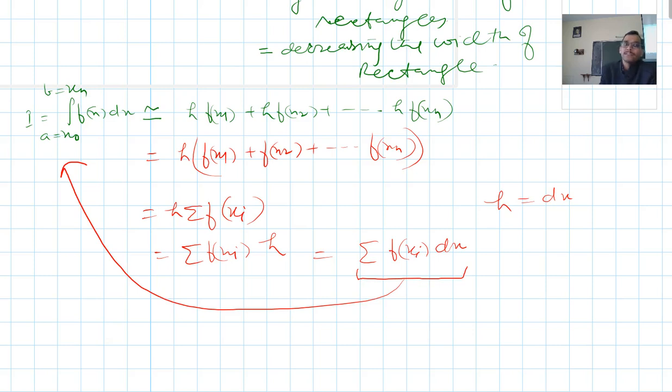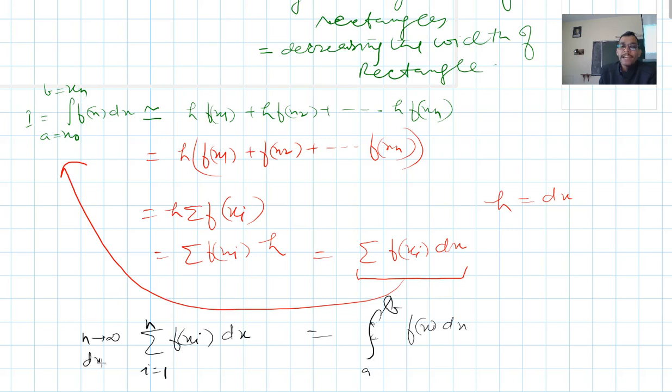The sum of f(xi) dx will become an integral when i varies from 1 to n, where n approaches infinity and dx approaches 0.